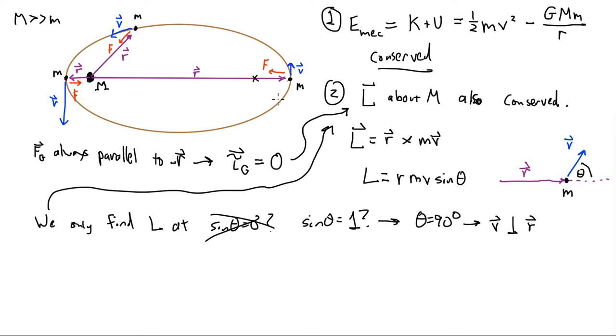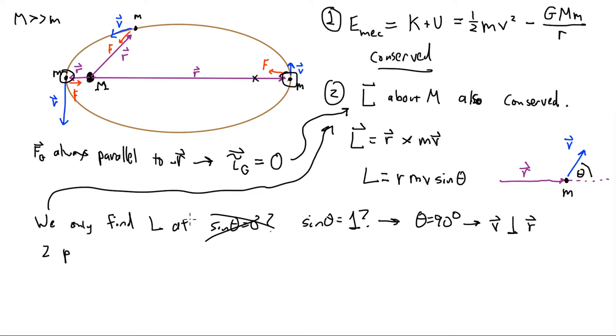Not hard to figure out. There are 2 points where that happens, this point here and this point here. Makes sense, I hope. So these are the closest and furthest points from the primary body.